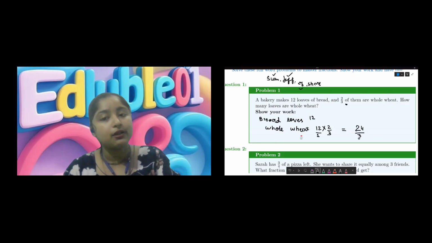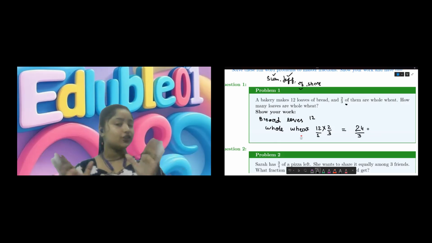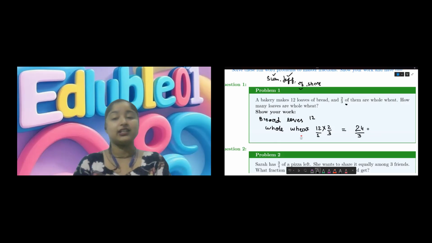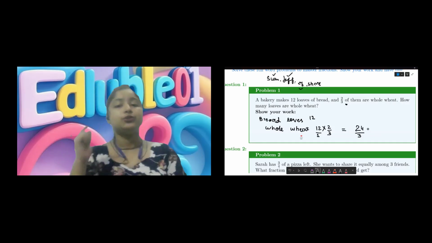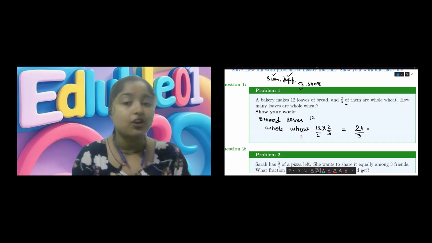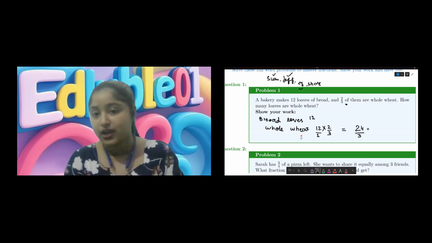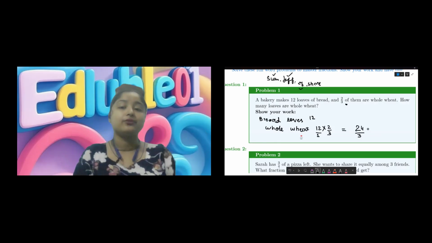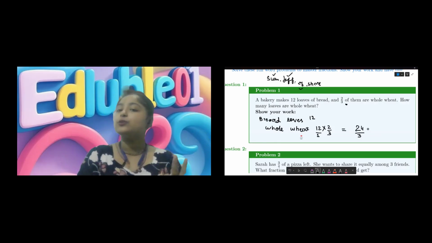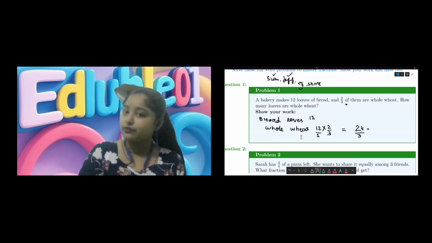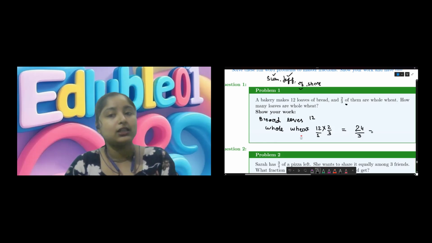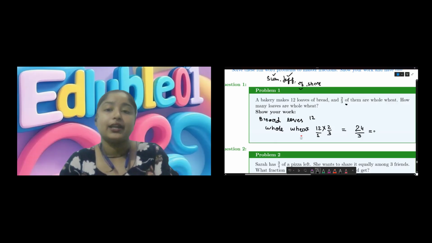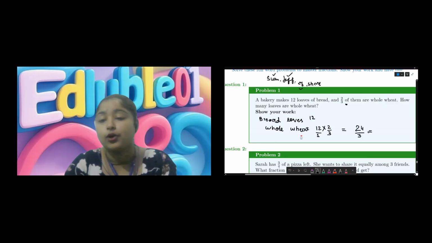Now, let's simplify it. Simplification is nothing but dividing both the numerator and the denominator by the same number. You can't divide them by two different numbers; they should be divisible by the same number. For example, you can easily divide 24 over 3 by 3.